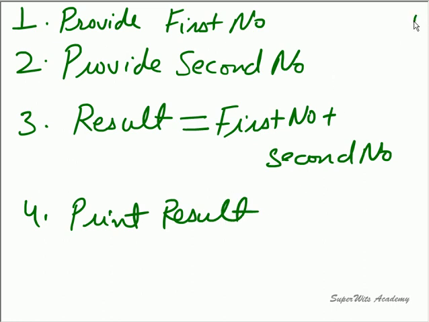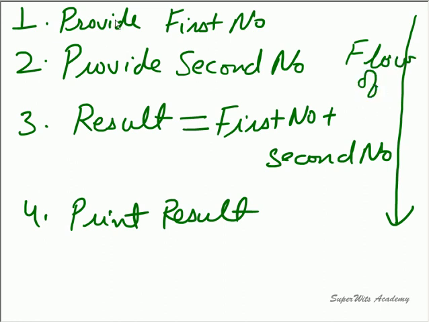So if I talk about these steps, number 1 to 4, this defines the flow of the process, right? So this is a very important thing, that you define a flow.